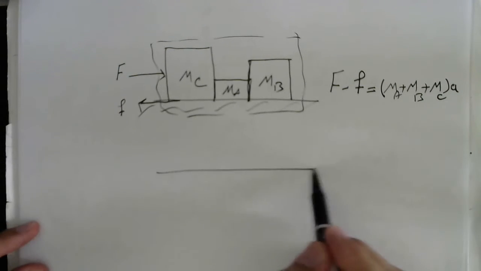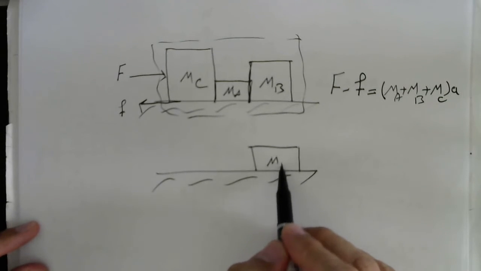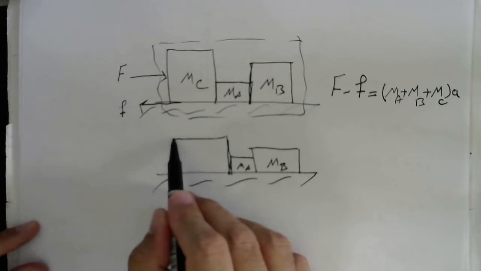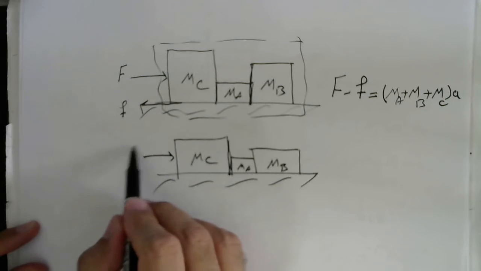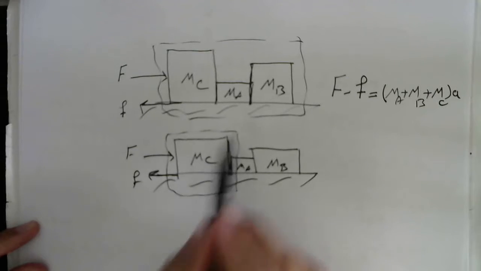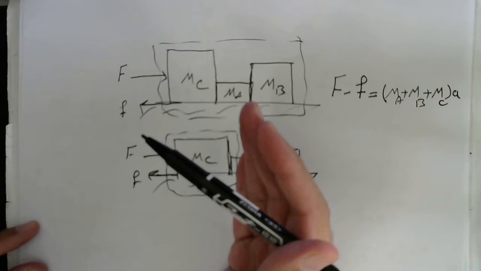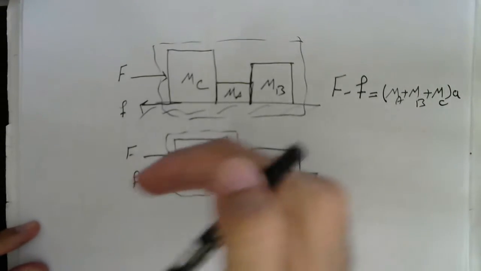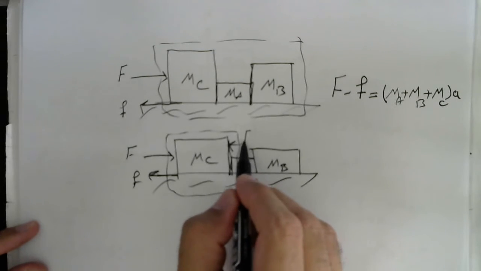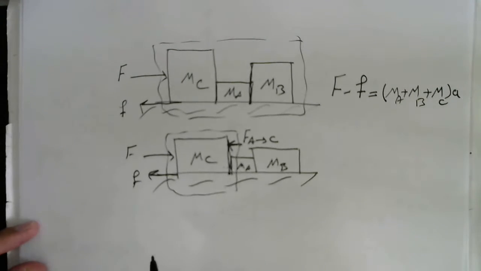But how about if I consider, for example, C as the system? So you have this force, you have the frictional force, but because we are considering only C, there is a force from the surface of A, which is pushing in this direction against the movement of C. So that would be F A to C. This is the force between these two objects.